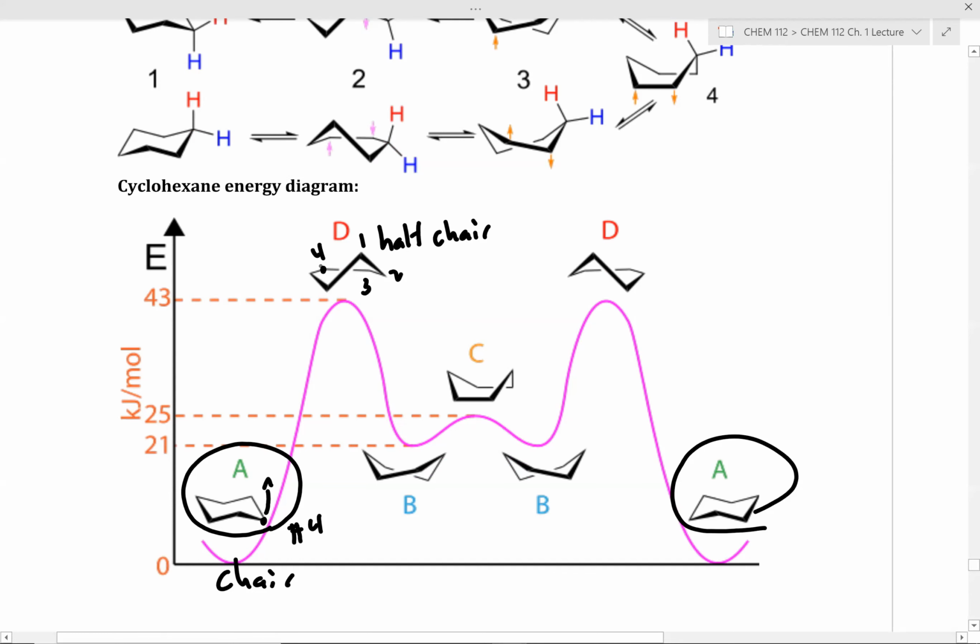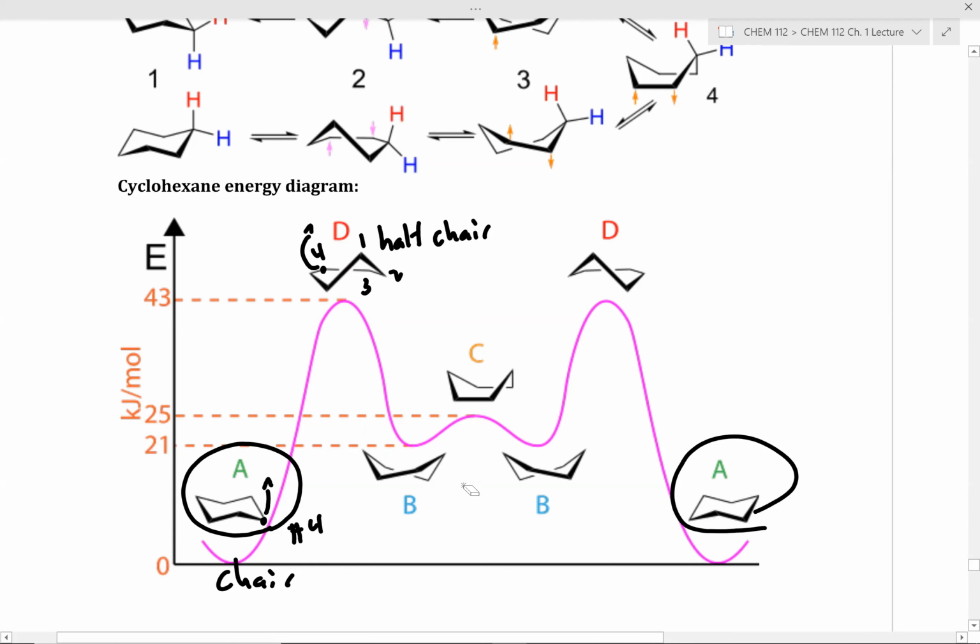Okay. Now from here, as we discussed, to go from the half chair to the twist boat conformation, we are going to continue to bring carbon number 4 up. So we have 1, 2, 3, 4. Oops, let me draw this perspective a little bit more clearly. 1, 2, 3, 4.